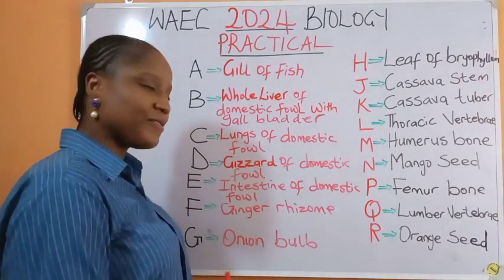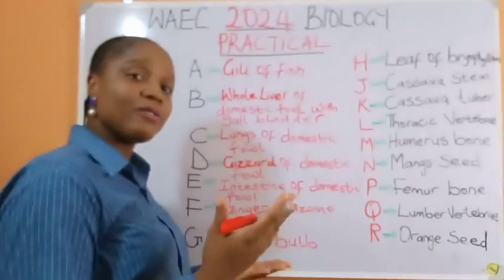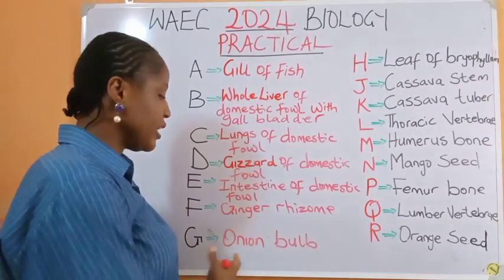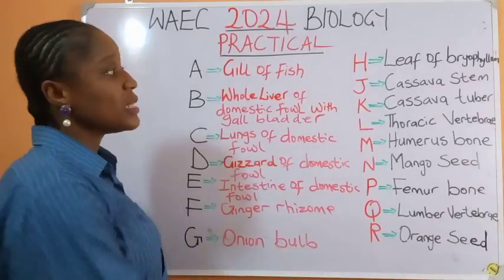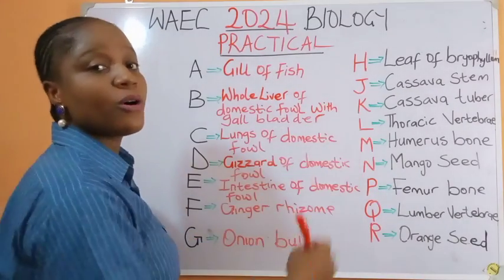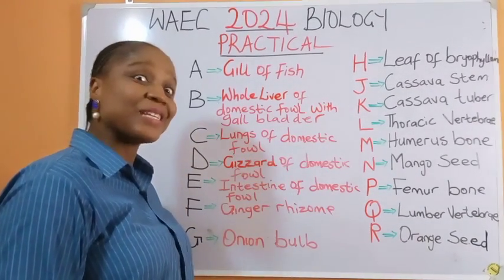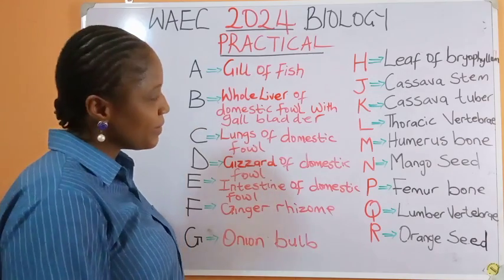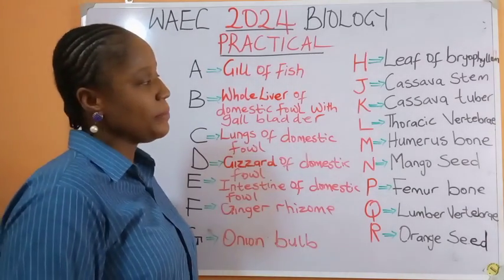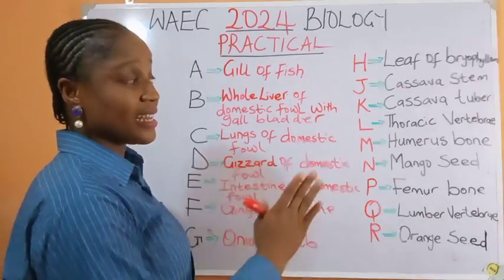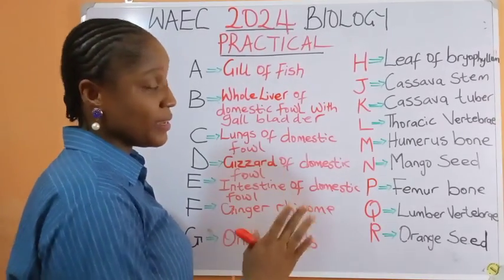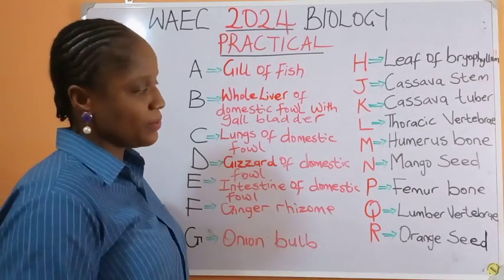And specimen F is the ginger rhizome, while specimen G is the onion bulb. Specimen H is the leaf of Bryophyllum, also known as the miracle leaf. Specimen J is the cassava stem. Specimen K is the cassava tuber. Specimen L is the thoracic vertebrae.